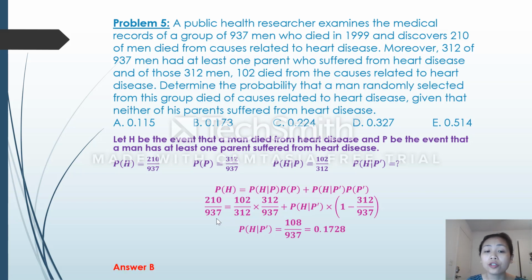So the answer is B. You see that the question looked very complicated, but when you break it down word by word and try to mathematically model the question, we see the problem is very simple.